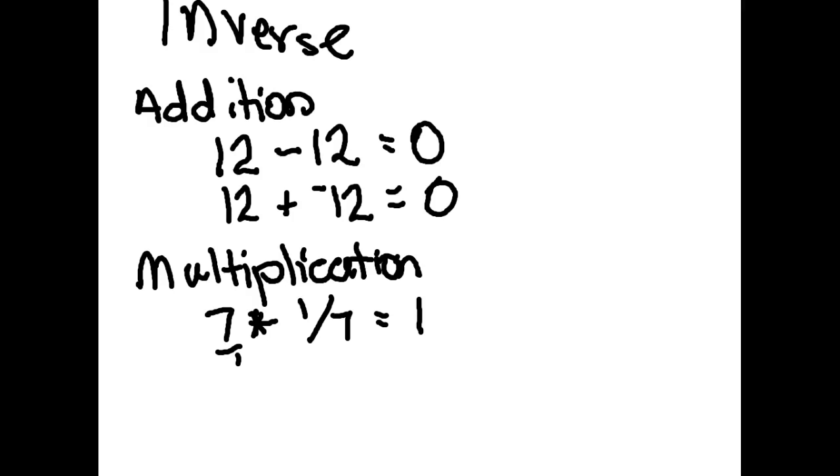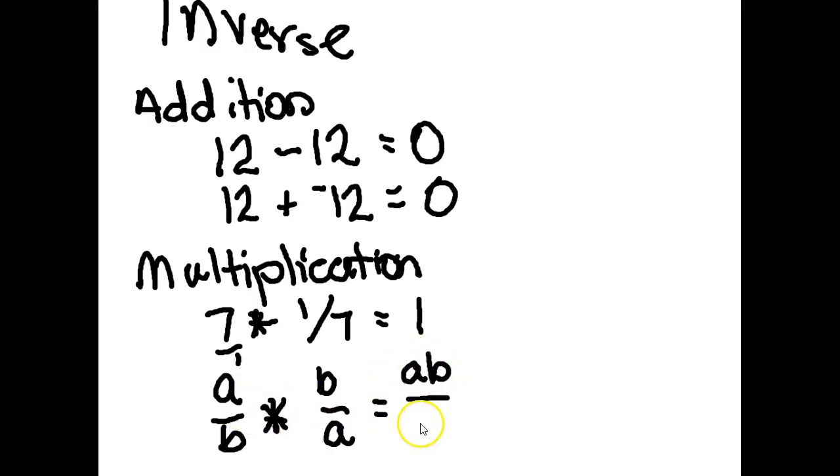Let me do another one. If I have A over B, and I want to do the multiplicative inverse, I'm going to have B over A. And again, this is going to give me AB over AB, because by the commutative property, I can move these around. So this BA is the same as an AB, which is a 1.